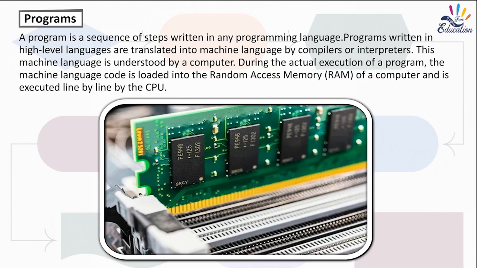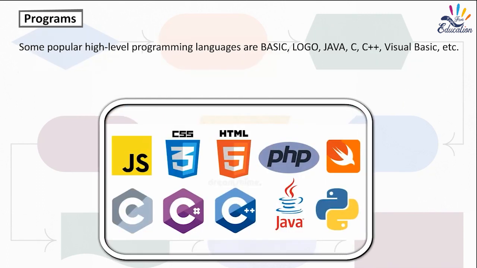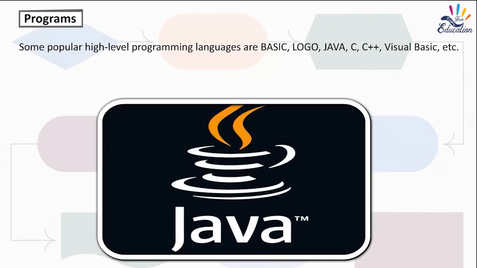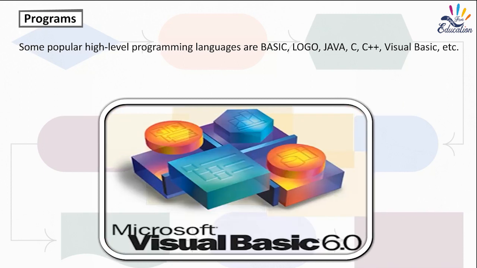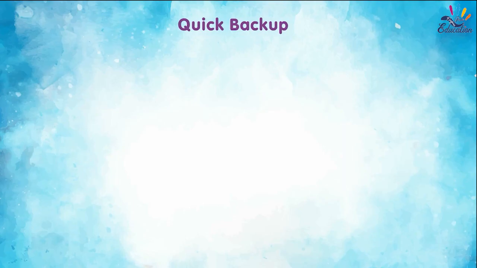During the actual execution of a program, the machine language code is loaded into the random access memory (RAM) of a computer and is executed line by line by the CPU. Some popular high-level programming languages are BASIC, Logo, Java, C, C++, Visual Basic, etc.